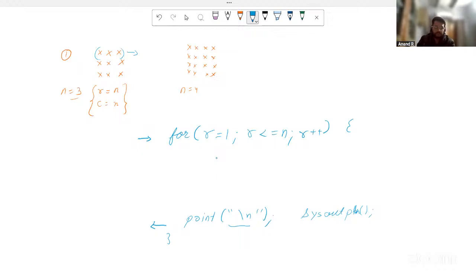Now, for each row, how many columns do we have to print? N columns. So if I have to print n columns, what should be the starting value? C equal to 1, C less than or equal to n, and C plus plus.